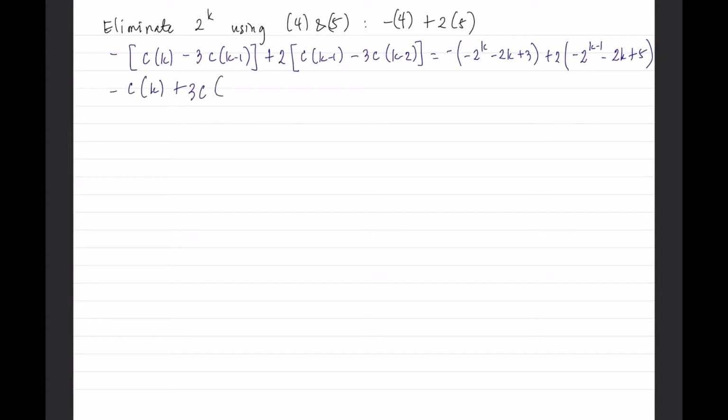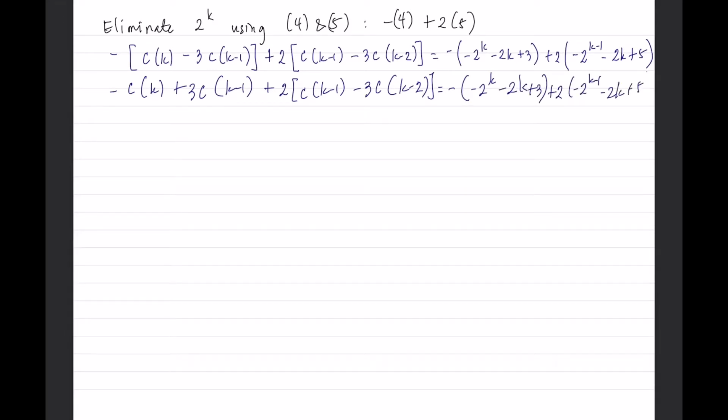Then we proceed. That would be equivalent to that equation. So we just manipulate first the left hand side. Then we distribute 2 in the next step. That would be negative c of k plus 3c of k minus 1 plus 2 times c of k minus 1 minus 6c of k minus 2.